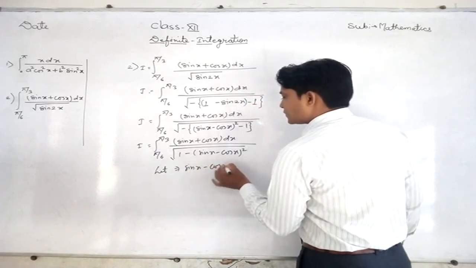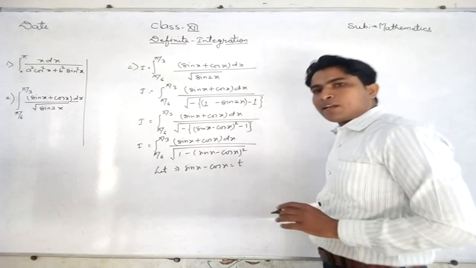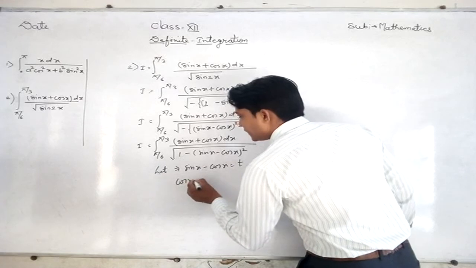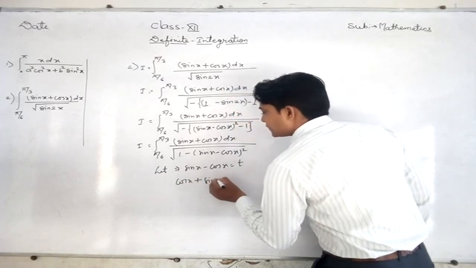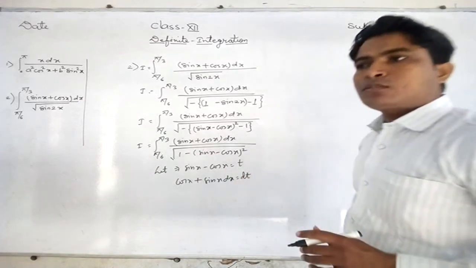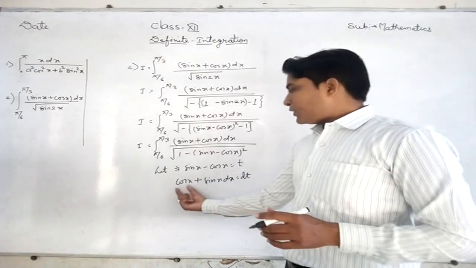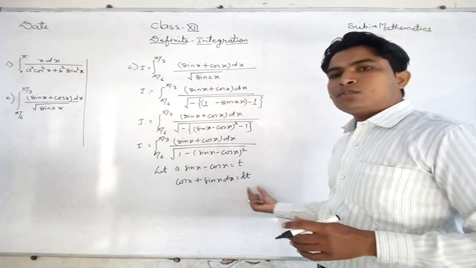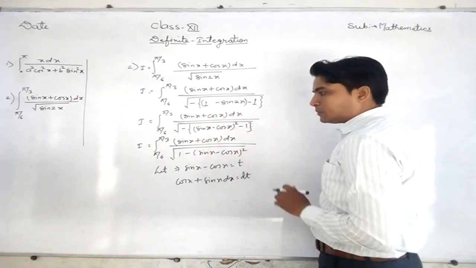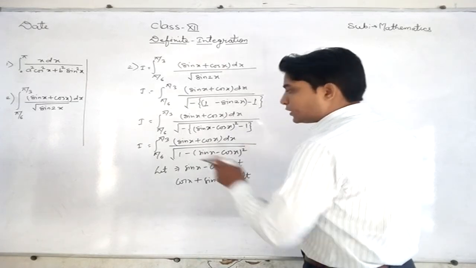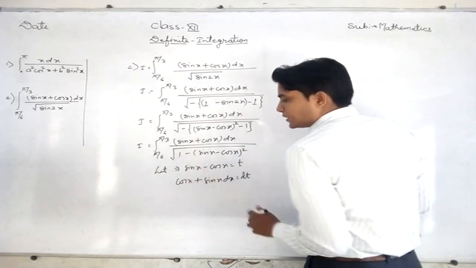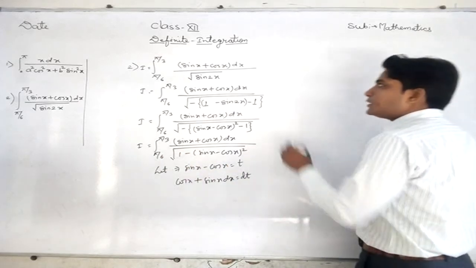So if we put the values, if x tends to pi by 6, sin pi by 6 minus cos pi by 6 is equal to t, and sin pi by 6 is half, so 1 by 2 minus root 3 by 2 is t.